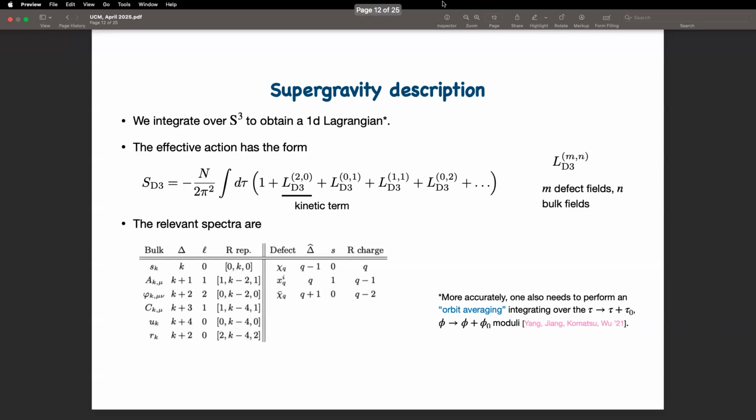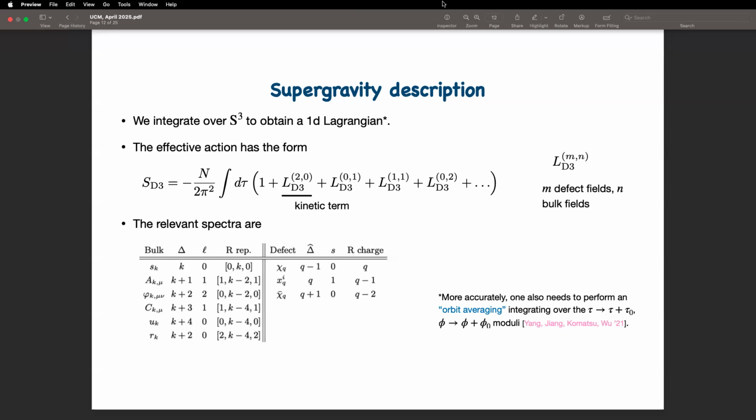So, modulo this small technical caveat, and you do this S3 integration, you get this 1D Lagrangian, and the 1D Lagrangian has the following form. It's an expansion in the number of fields. Here I'm denoting each term with indices m and n as a term that contains m defect fields and n bulk fields.